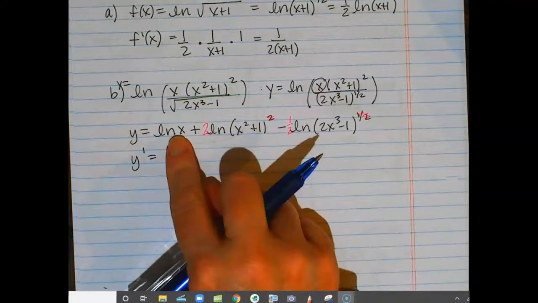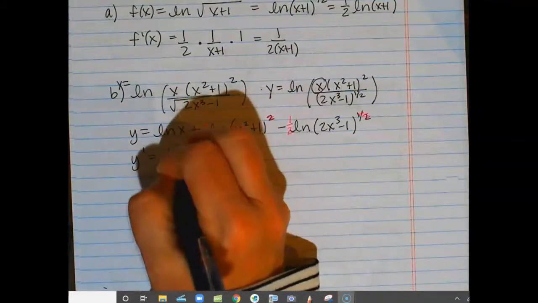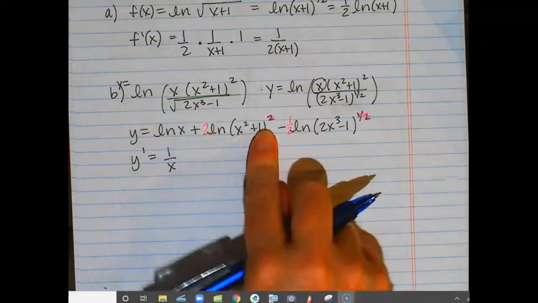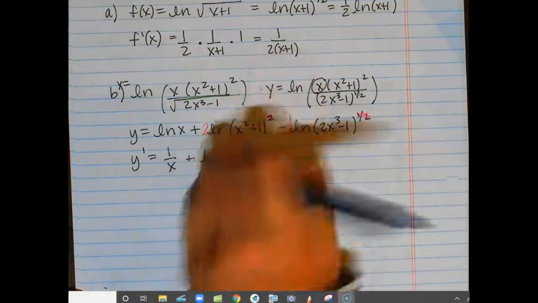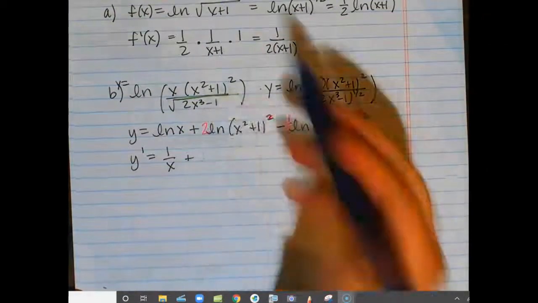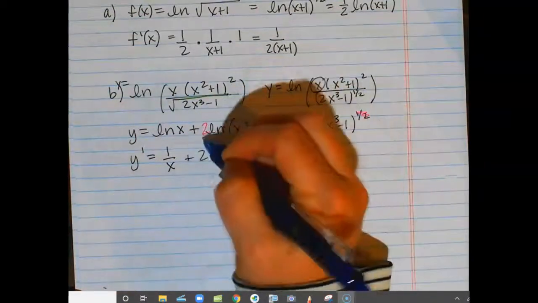We have this piece to take a derivative of, 1 over x. We have this piece to take a derivative of, it's going to be, I'm thinking ahead, sorry, it's going to be keep the 2.